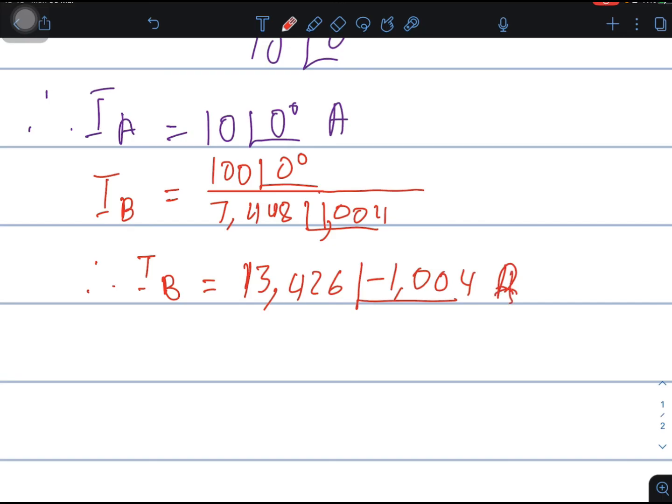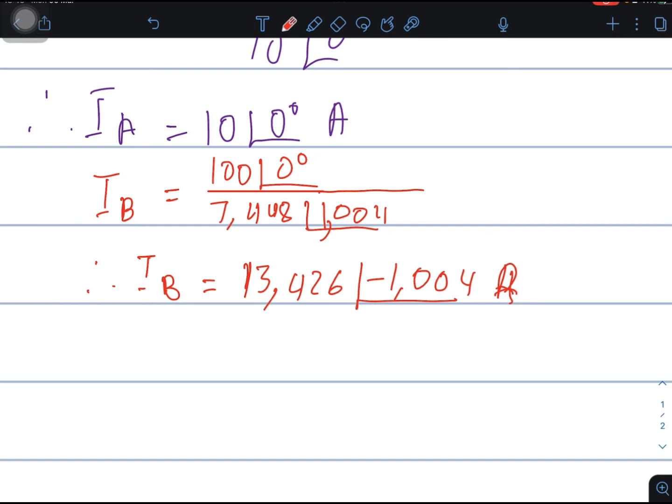Guys, that negative makes a lot of sense. It makes sense because for an inductor, that negative means the current is lagging the voltage, and that's the property of an inductive circuit.